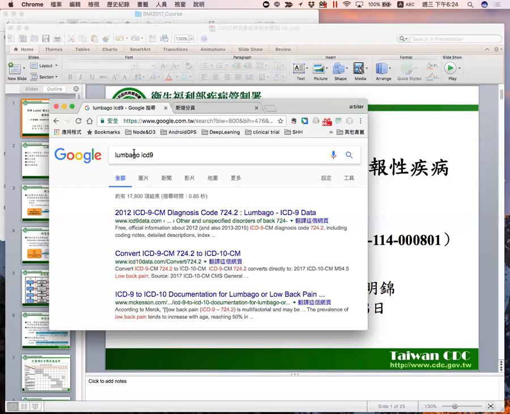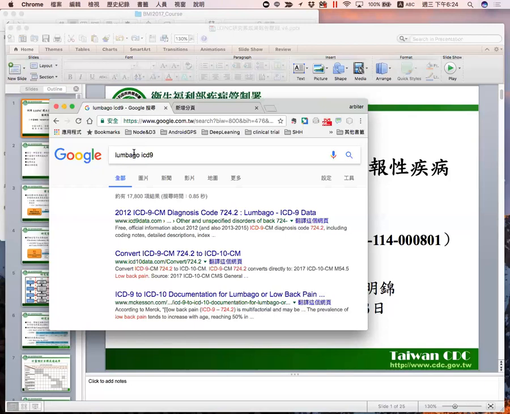They already have more than 10 years of experience trying to use LOINC, which is a coding system for laboratory tests, to report disease. They asked me lots of questions.